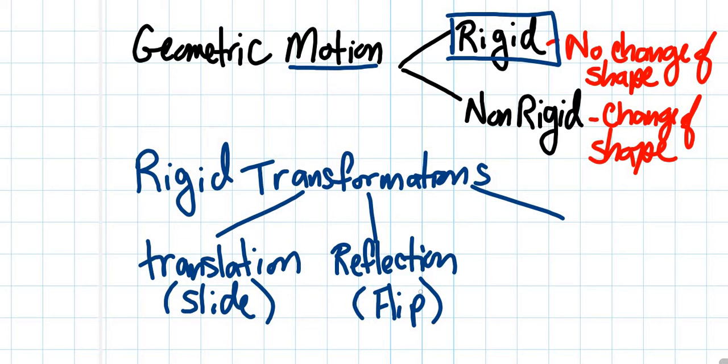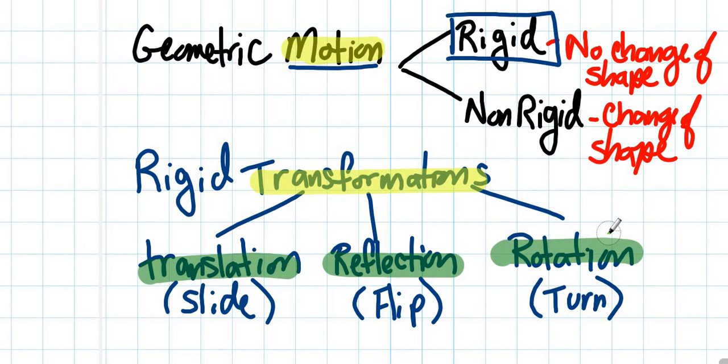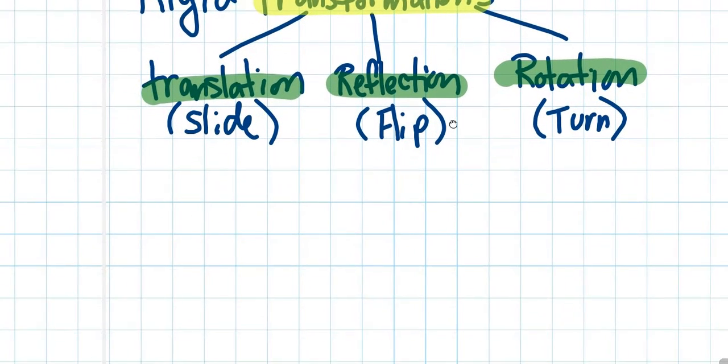And the slang I'm going to give you is flip. And then rotation. So the 3 geometric rigid transformations, which means motion, transformation, same thing, are called translation, reflection, rotation. I'm going to give you an example of each.